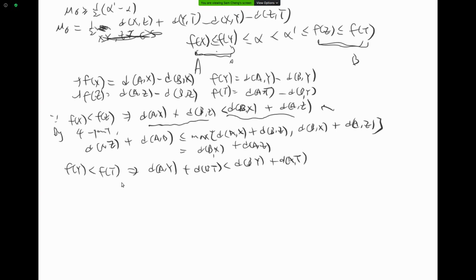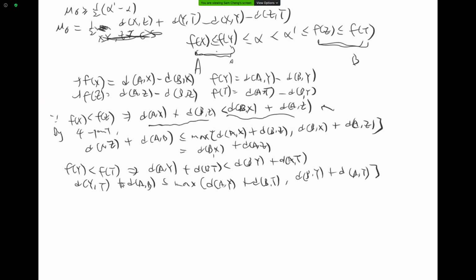And by the same token, using the 4 point, I have dyt plus dab is less than or equal to the maximum of day plus dbt and dby plus dat.